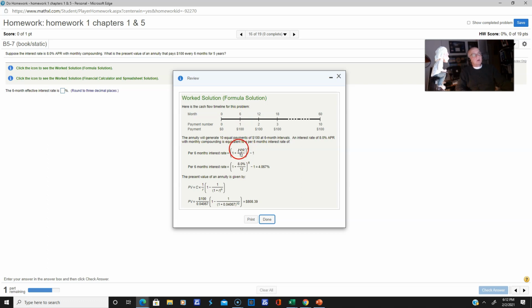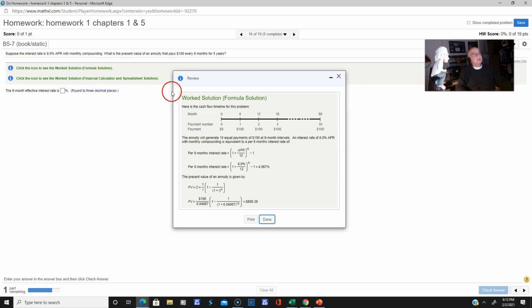Okay. So here we are. Here's the APR, which is going to be 8%. You see that? 8% divided by 12 months. So now we have a monthly rate, and we're going to turn that into a 6-month interest rate. And I believe this is either equation 5.1 or 5.2. So we turn this into a 6-month interest rate, and a 6-month interest rate is slightly higher than 4%.